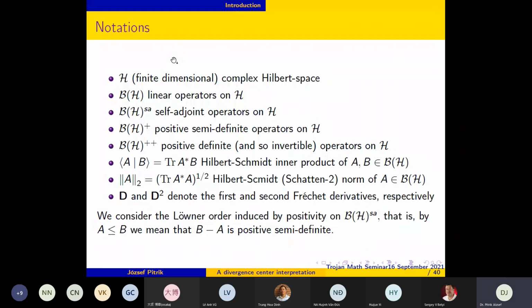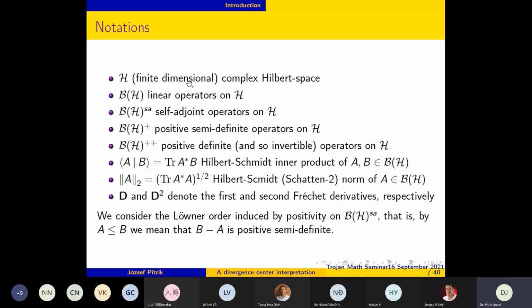Some words about my notations. Throughout this talk, I will use the standard notations. H stands for a separable Hilbert space, which is considered finite dimensional in most of my lecture. B(H) denotes the linear operators, B(H)_SA the self-adjoint operators, and B(H)_+ and B(H)_++ the positive semi-definite and the positive definite operators respectively.